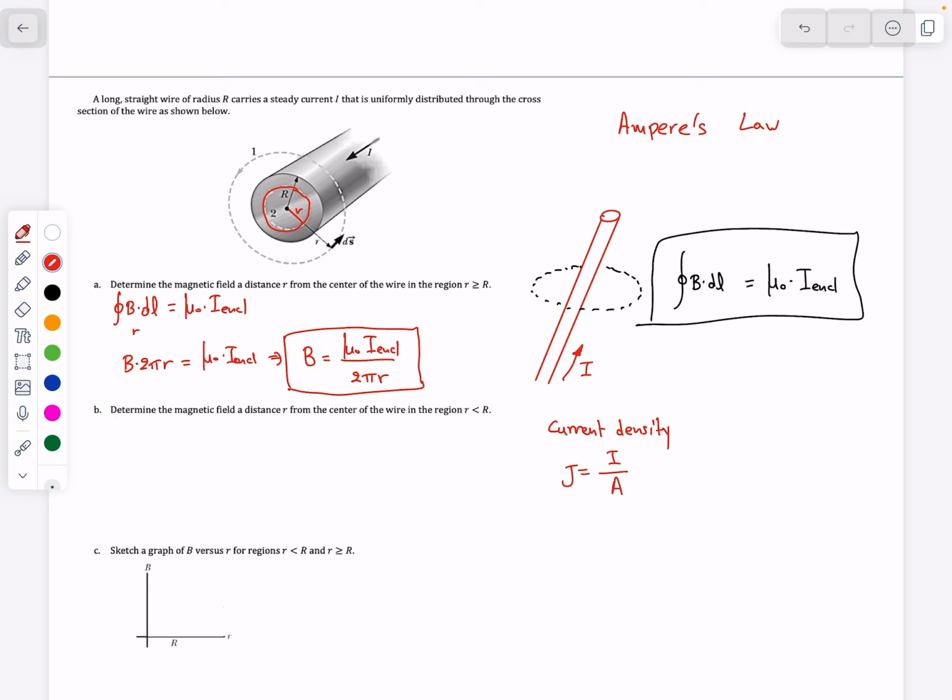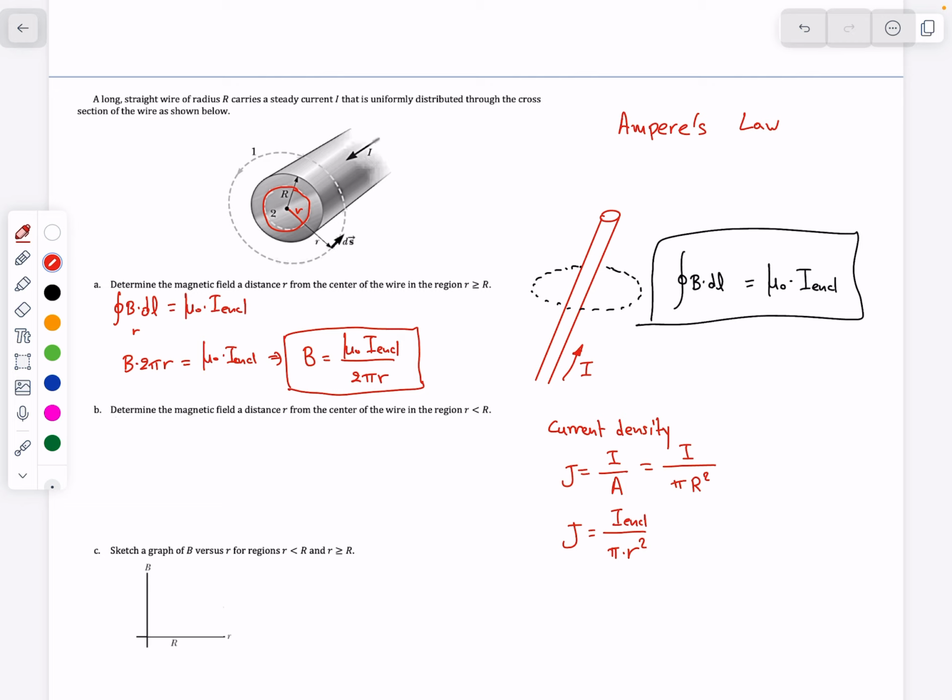The area of the whole cross-section of the wire is pi capital R squared, and the current that flows in this area is the total current I. However, the current density is also equal to the enclosed current inside this Amperian loop, I enclosed, divided by the area of this small circle, which is pi times small r to the power of 2.